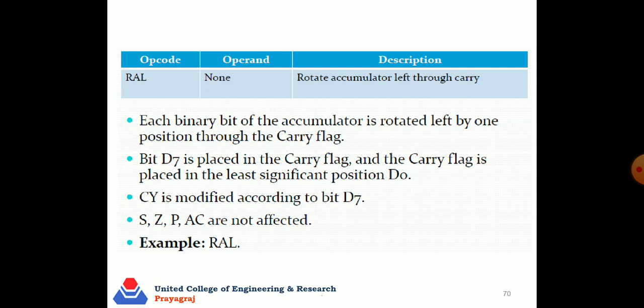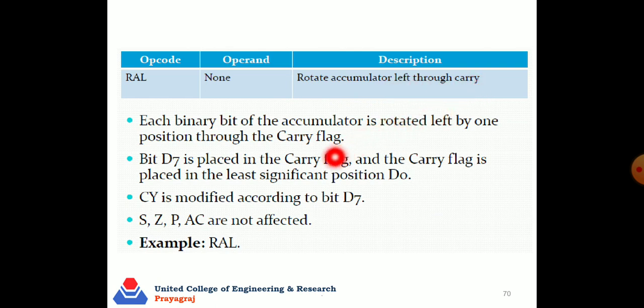The meaning of RAL: R stands for rotate, A stands for accumulator, L stands for left. The complete description of this instruction: rotate accumulator left through carry.